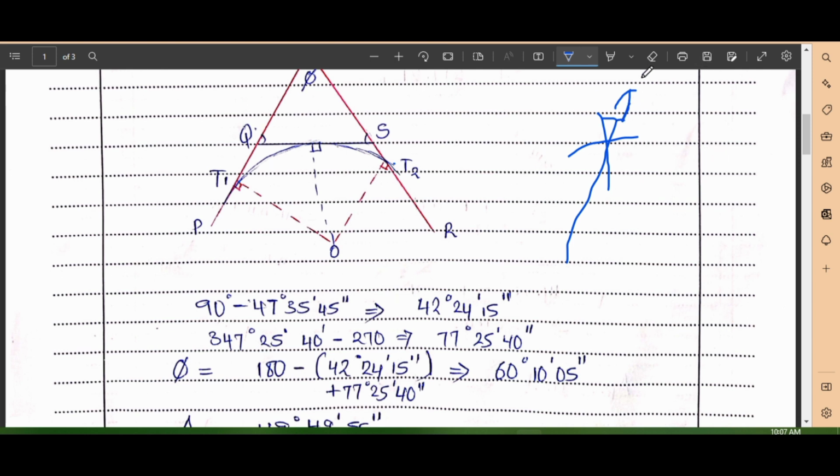I need to find the angle that remained here, the internal angle. I will subtract from 90 because the value that we have been given is found in the first quadrant. So I will find my remaining angle here. Angle Q will be 42 degrees 24 minutes 15 seconds.